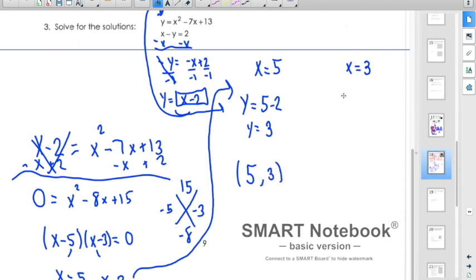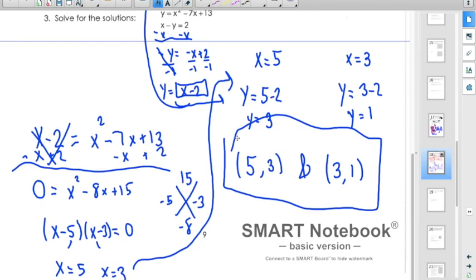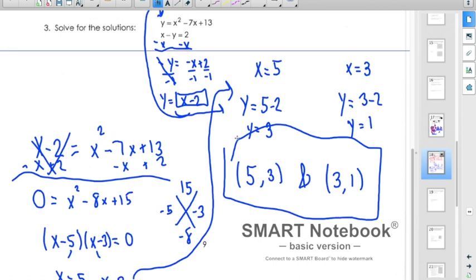And do the same thing over here. Y equals x minus 2. Well, x is 3 minus 2. So y is 1. So this coordinate point is 3, comma 1. And those are my two coordinate points. That's a terrible square, but whatever. Those are the two coordinate points for this solution as well. Okay?